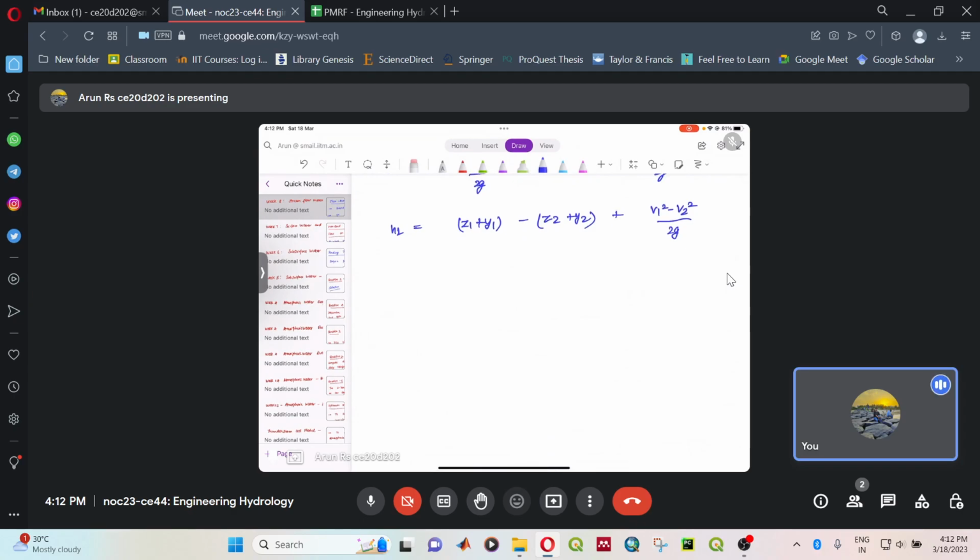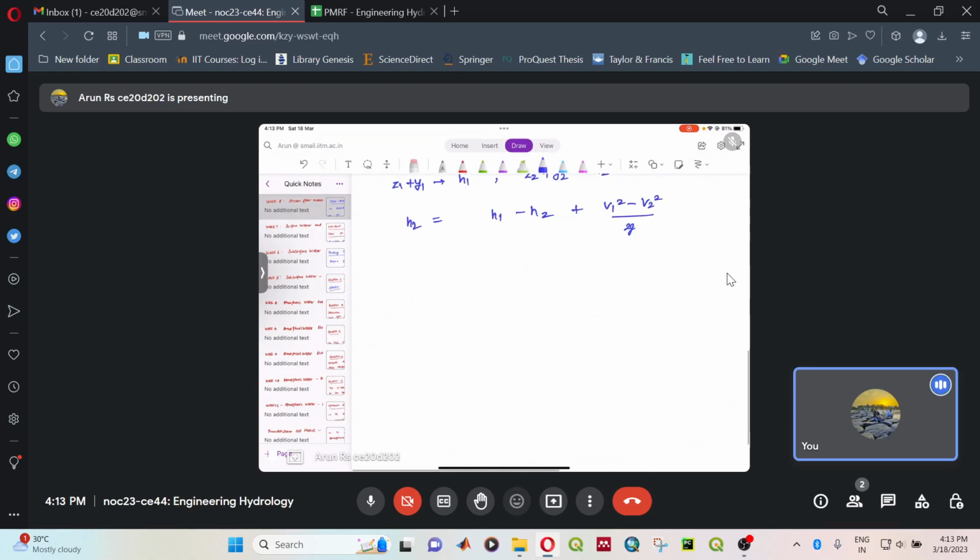We can represent z1 plus y1 as h1, which represents the stage, which has a reference to the mean sea level or the datum. So I am going to write z1 plus y1 as h1, which is nothing but the stage, and z2 plus y2 as h2. So this is h1 minus h2 plus v1 square minus v2 square divided by 2g.